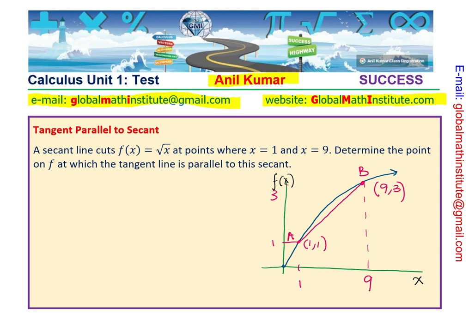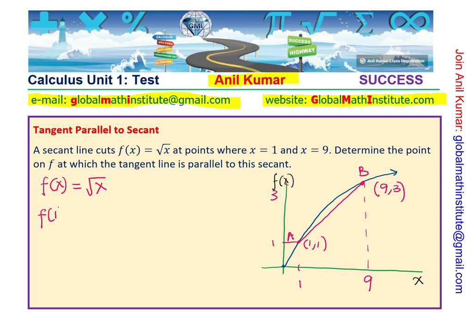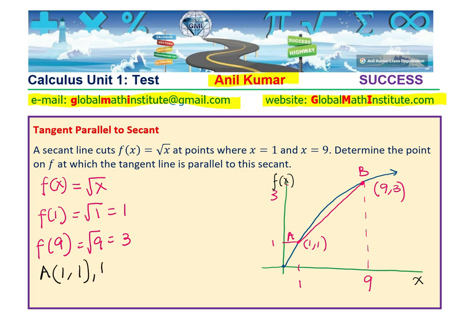We are given a function f of x, which is square root of x. We found f of 1, which is square root of 1, which is 1, and f of 9, which is square root of 9, which is 3. So that gives us 2 points as shown on the graph, point A, which is (1, 1), and point B, which is (9, 3). So that part is clear.